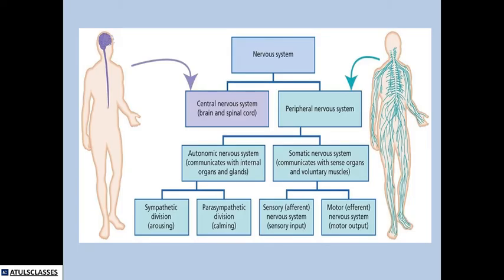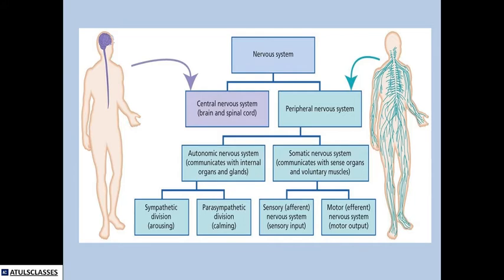So, if we categorize the human nervous system into different parts, we come to the conclusion that the nervous system in a human being is made up of the central nervous system and the peripheral nervous system.